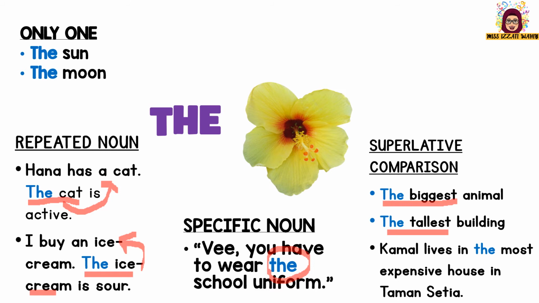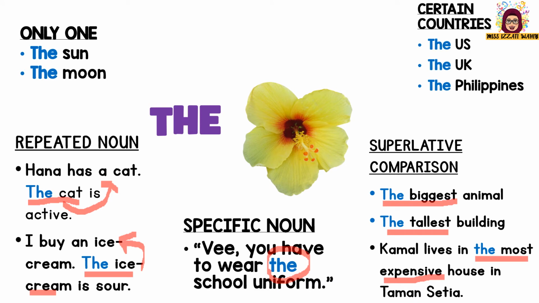Next, Kamal lives in the most expensive house in Taman Setia. The most expensive. Yang paling mahal. Next, certain countries. The US, the UK, the Philippines. Okay, negara tertentu kita akan gunakan the.